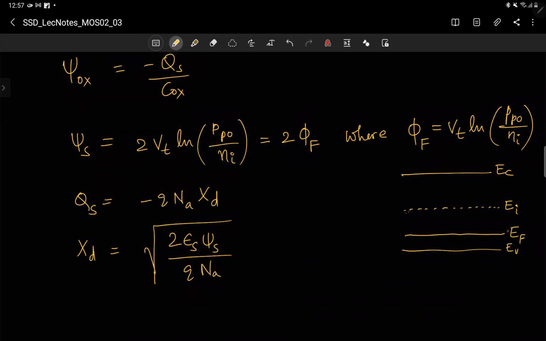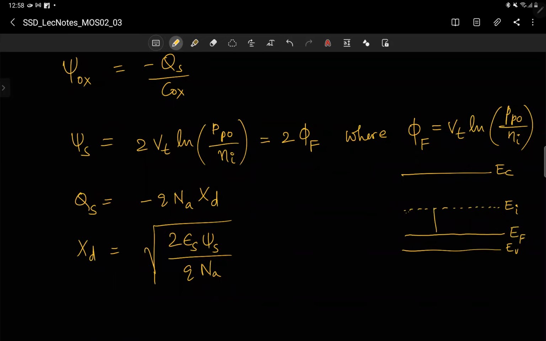So clearly, if you see Pp0 by Ni, this is basically how much p it is with respect to intrinsic. So how much EF is with respect to EI. So this tells you how strong p it is with respect to Ni. That is what is coming by ln Pp0 by Ni. So in other words, how strong it is p with respect to intrinsic Fermi level.